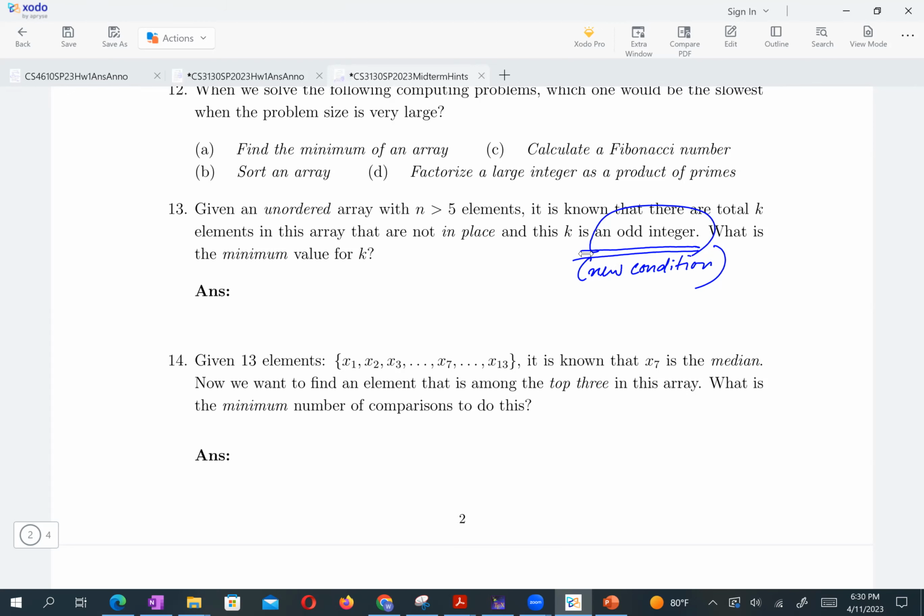Smallest possible odd number for K, but you need to go back to look at our old homework question number 20. Why did we choose 2 there? 2 means it cannot be 1, right? We eliminate the K equals 1 case.